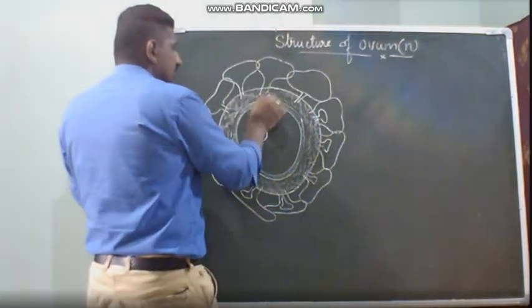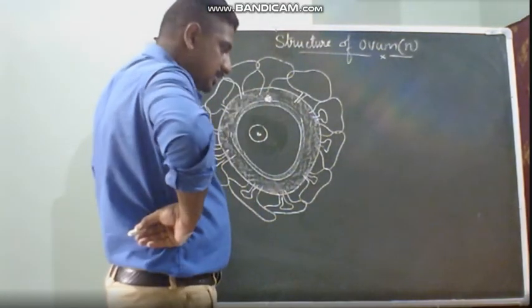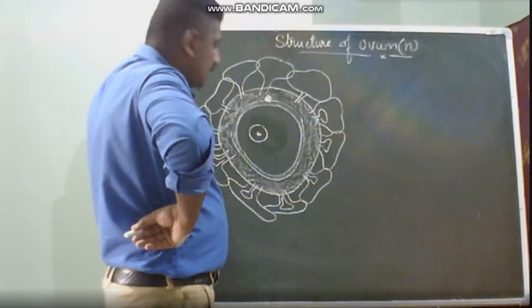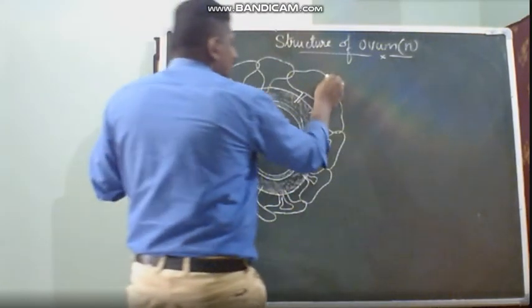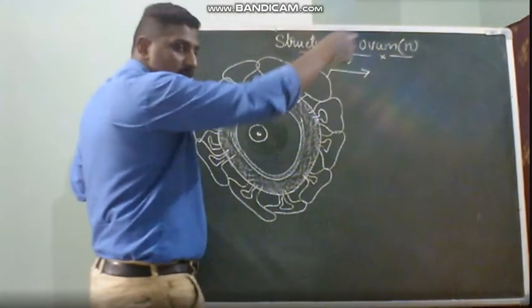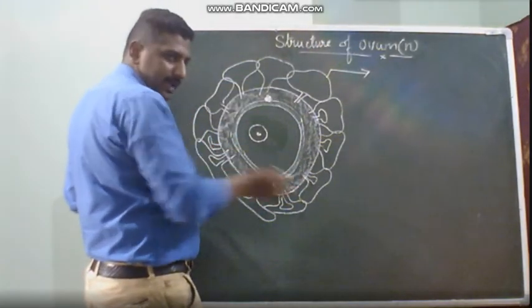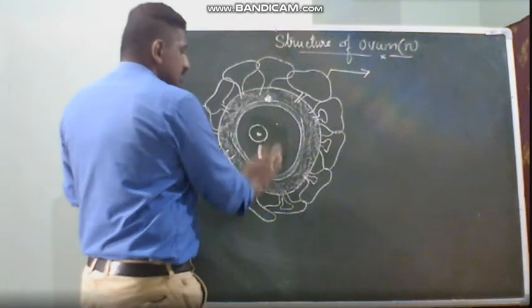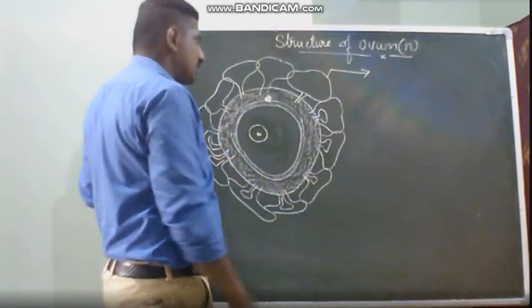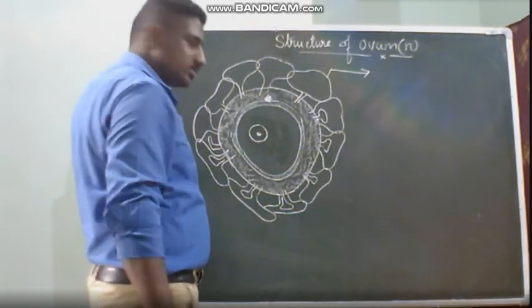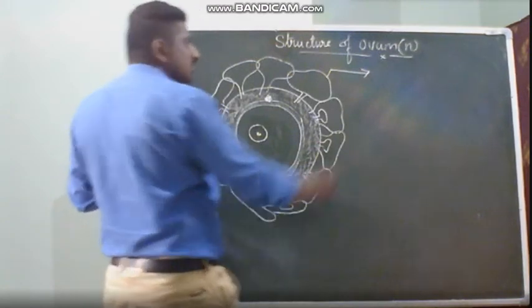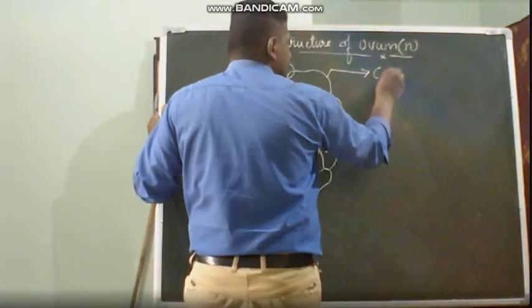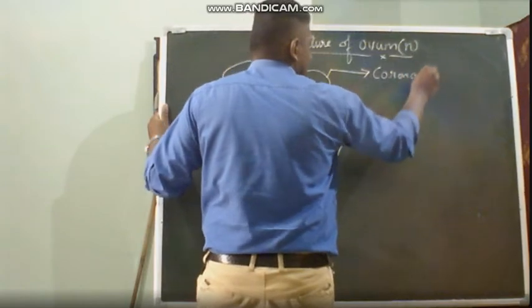I'll tell you what this small cell is also. Now we'll start one by one, from outside to inside. That's all about the diagram, how to draw it. You can also put the mitochondria if you want, otherwise we can leave it off because that's not in your books, so I'm not going to put it. The first one is called corona radiata.